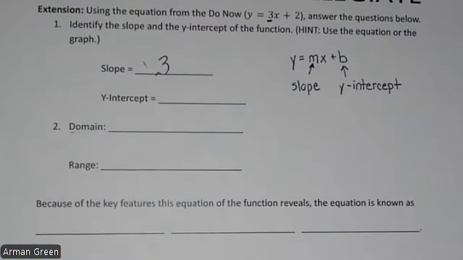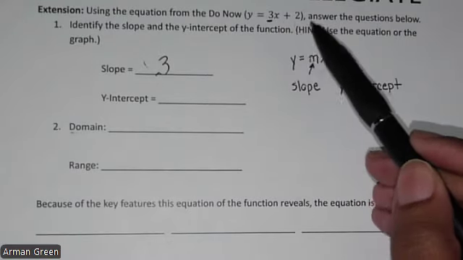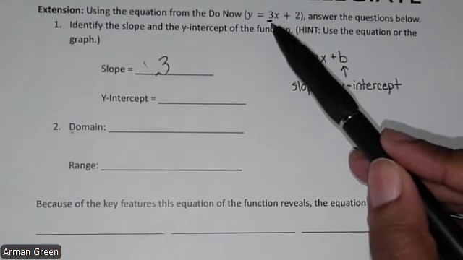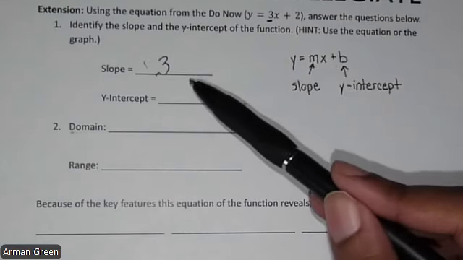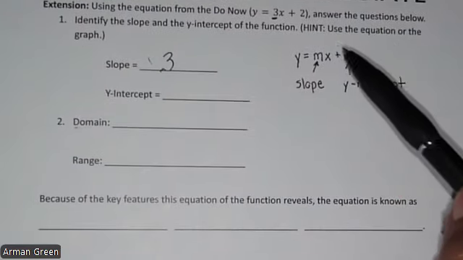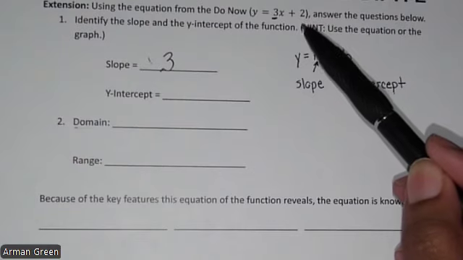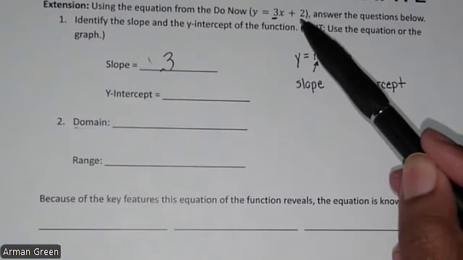So using that same logic in this equation, this 3 represents our slope. That's why I wrote it here. And then our y-intercept is this last number, which in this case is 2.